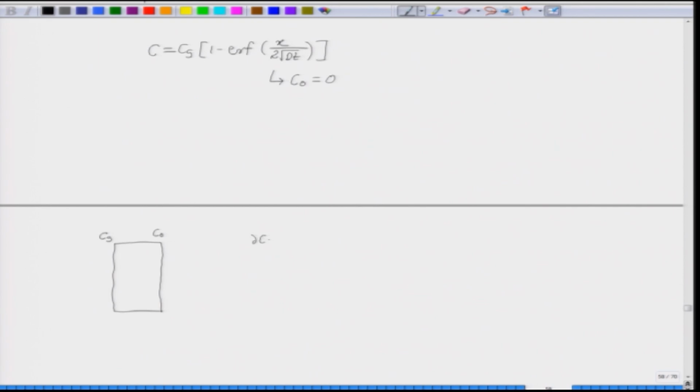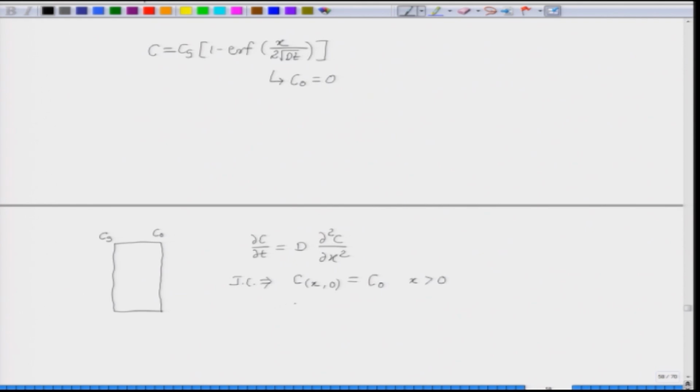We have to solve the diffusion equation dC/dt equal to D d2C/dx2. Now, C0 is not 0 in this case. So the initial condition is C at any x at t equal to 0 is equal to C0 for all x greater than 0.